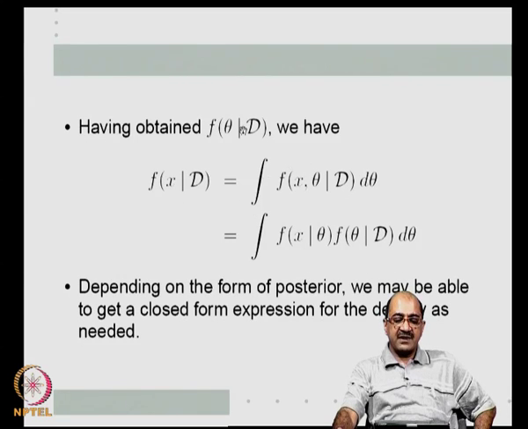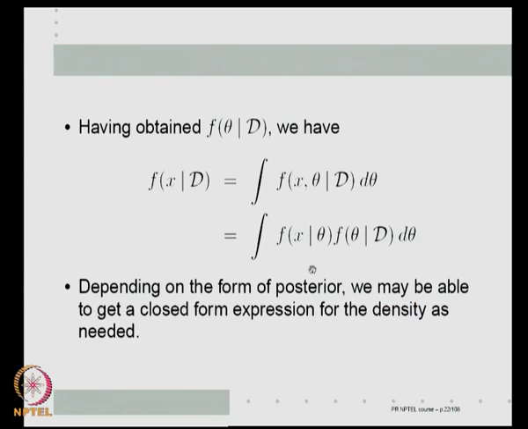If I know f theta given d, we can write a density of x given data, that is, density of x conditioned on the data, as the marginal of the joint x comma theta conditioned on d, by integrating with respect to theta. Now, this marginal can be split into f of x given theta comma d and f theta given d, and given theta, the density of x does not depend on the data. So, this integral becomes the product of f x given theta and f theta given d, d theta.